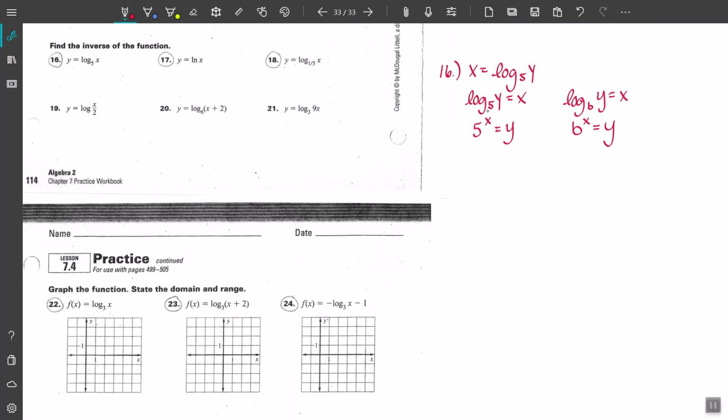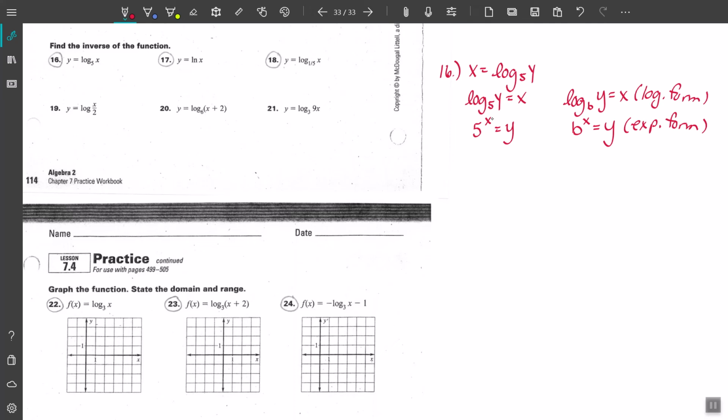So if 5 is our base, our b, in logarithmic form, then it's going to become b here in our exponential form. All right, so these are our 2 different forms. This is log form, and this is exponential form. And now you can see that just by changing it into exponential form, we solved for y. The log goes away and we have it in exponential form.